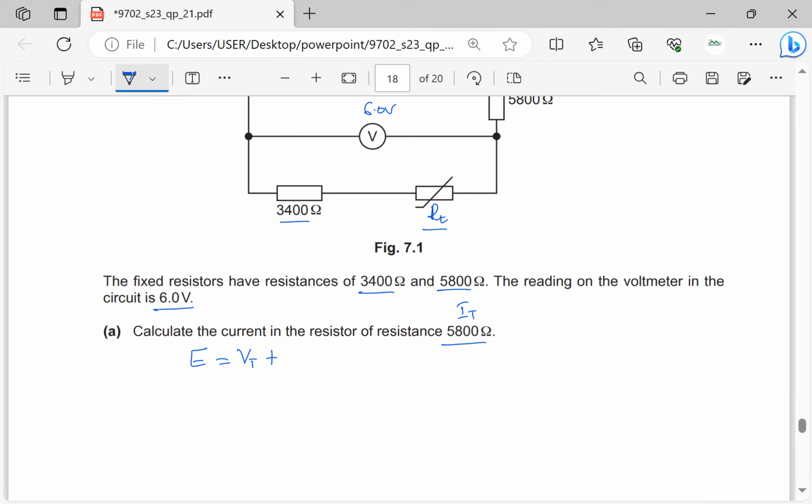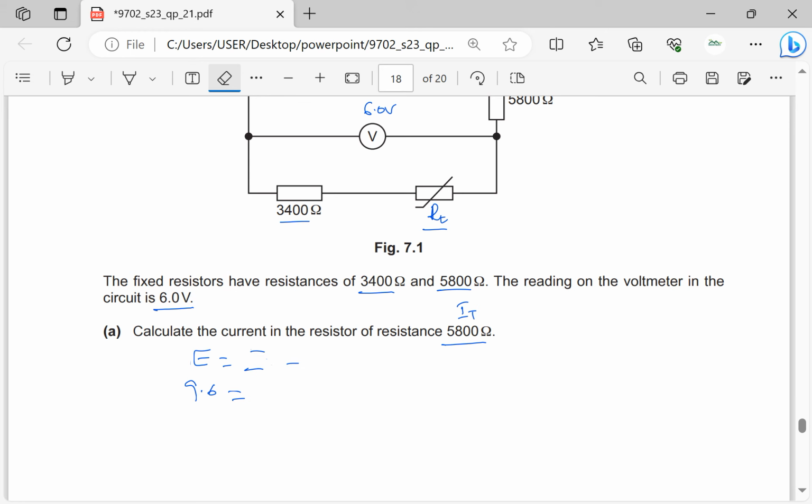So I'll just simply say the EMF is equal to the current times total resistance, R total. So the EMF is 9.6. Okay, I will not use this.